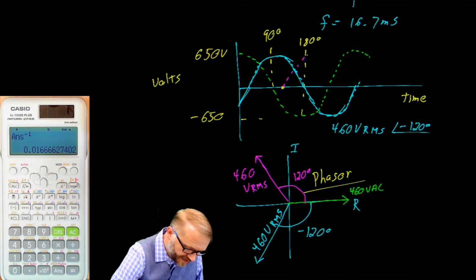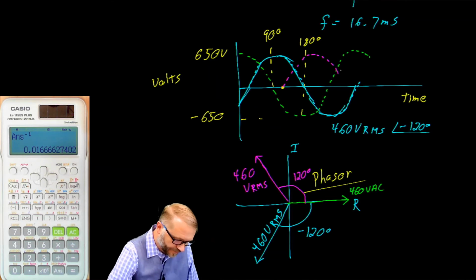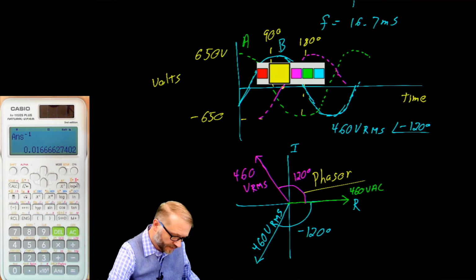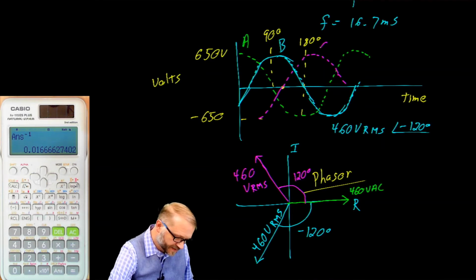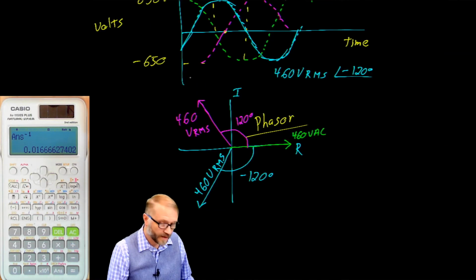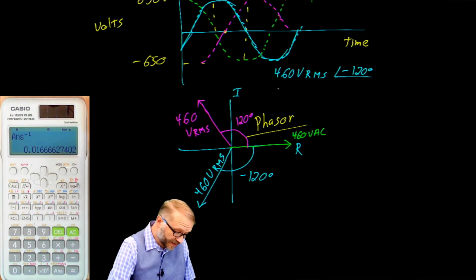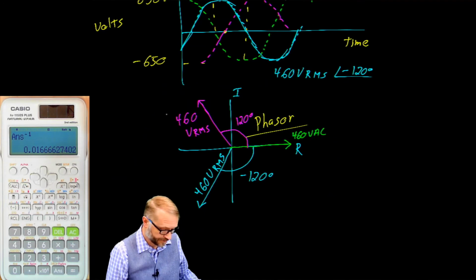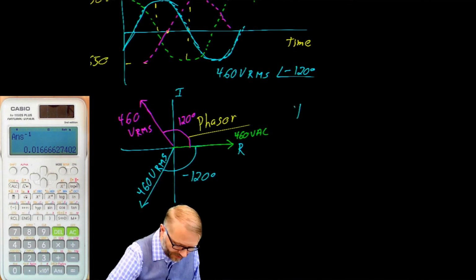We can try to sketch that in on our original drawing. So here we have the third phase. We have phase A, phase B, and phase C in a three-phase system. At this point, I think you'll agree that this phasor representation is much, much easier to use. Let's talk some more about three-phase.